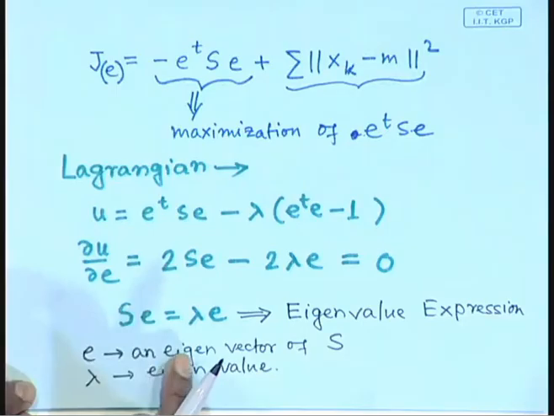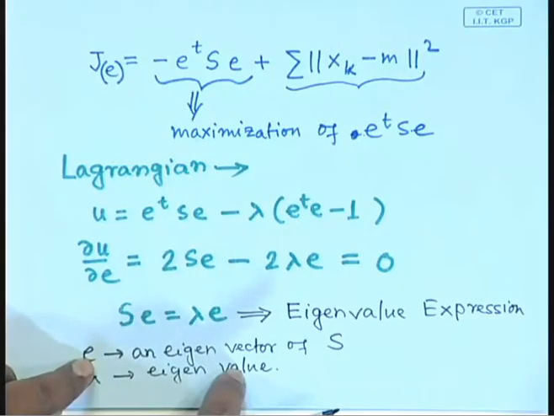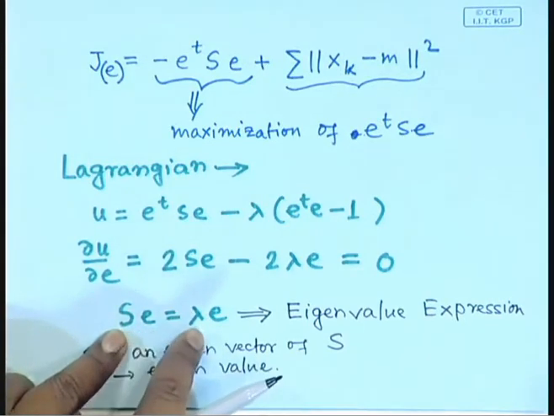So, if I want to maximize E transpose lambda E, that means I have to take the maximum value of lambda. Okay. So, that effectively says that when I am considering the direction of the line in the direction of vector E, from here I find that this E is nothing but the eigenvector, and which eigenvector I have to consider? The eigenvector corresponding to the maximum eigenvalue.